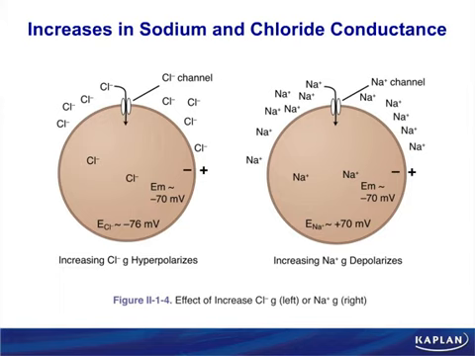How do I know that? Well, what numbers is it going to move toward? Starts at minus 70, what numbers is it going to move toward? You got it. What's illustrated on the slide, which is the equilibrium potential for chloride, minus 76. So if I start at minus 70 and chloride equilibrium is minus 76, if I increase chloride conductance, I'm going to hyperpolarize.